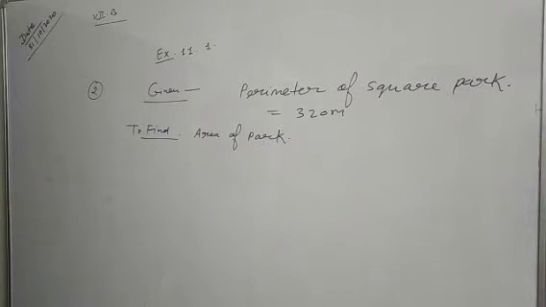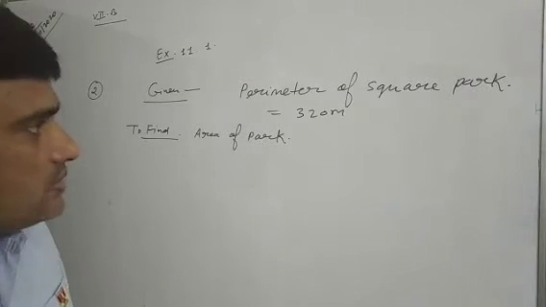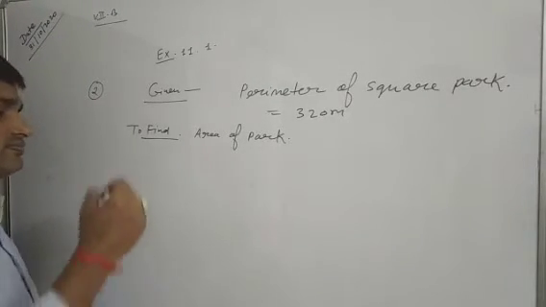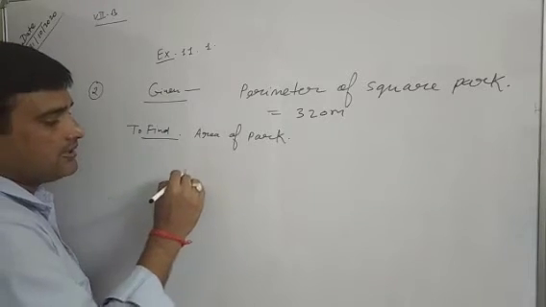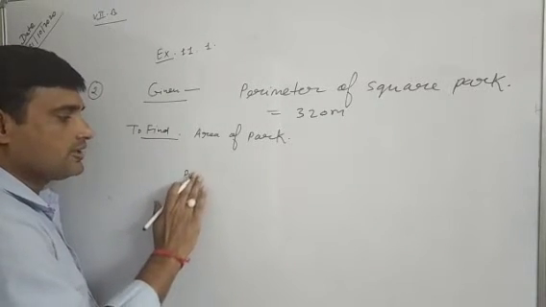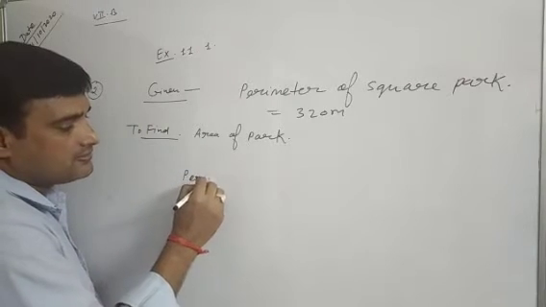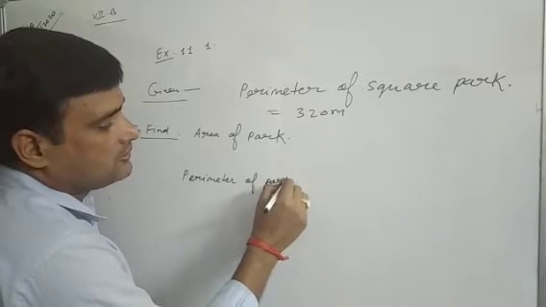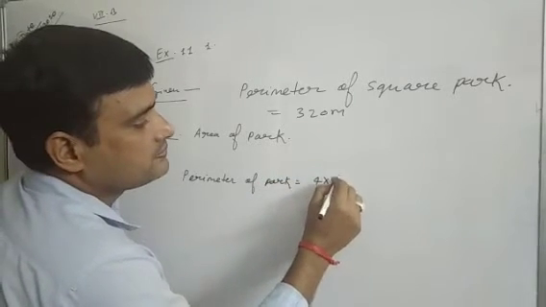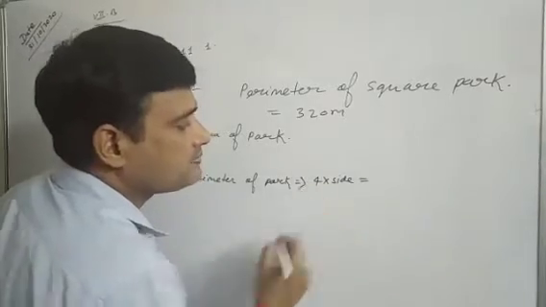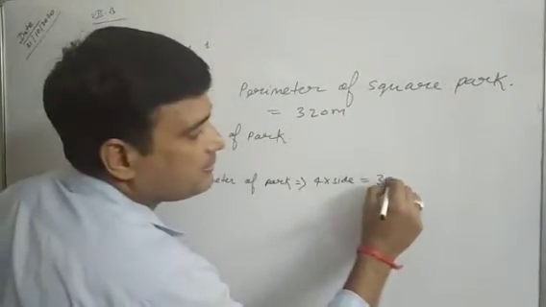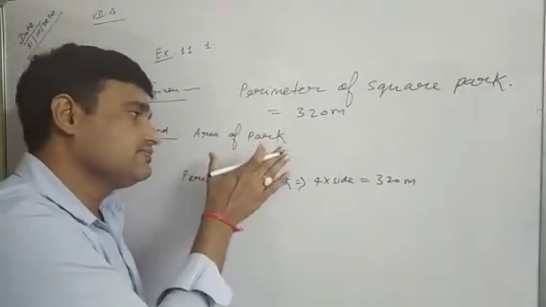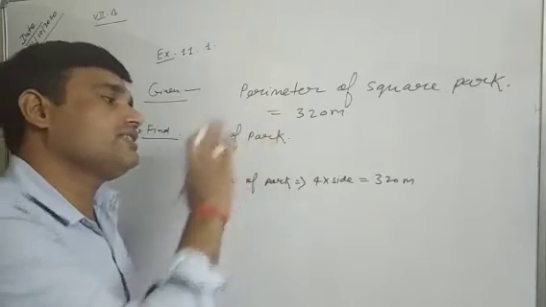Now question number 2. Given perimeter of square park 320 meter, to find area of park. Here given perimeter of park is equal to 4 into side is equal to 320 meter. In this question, first we find side of the park from perimeter.